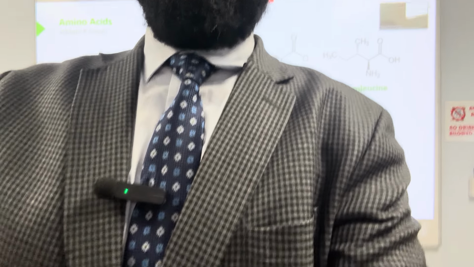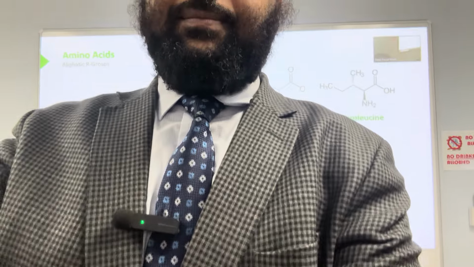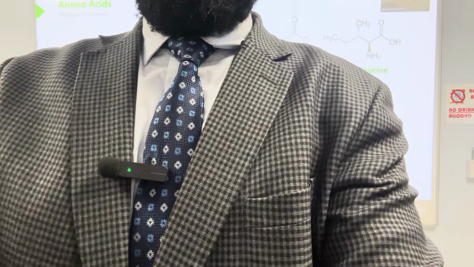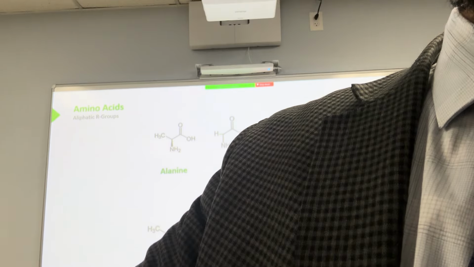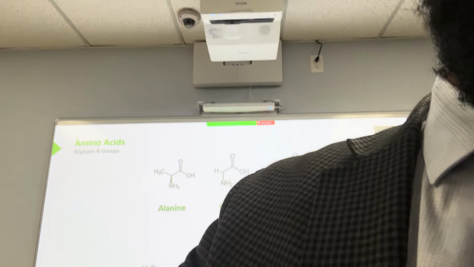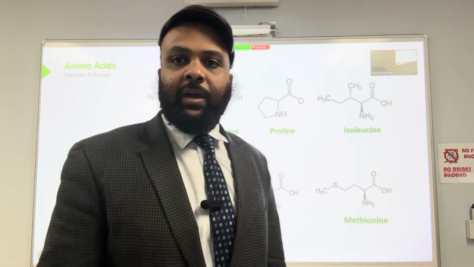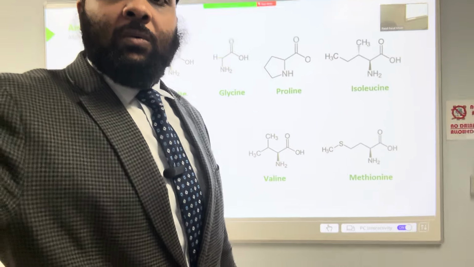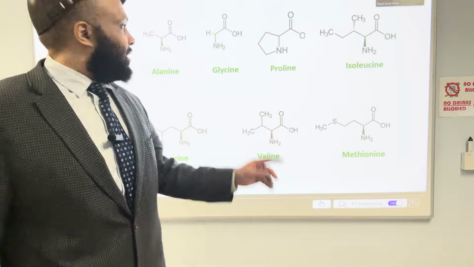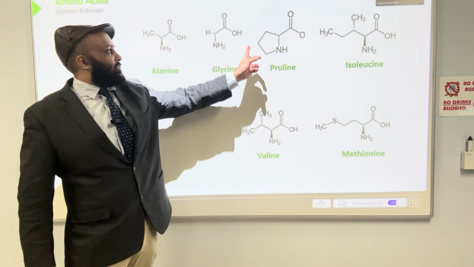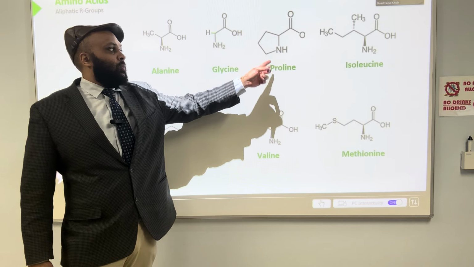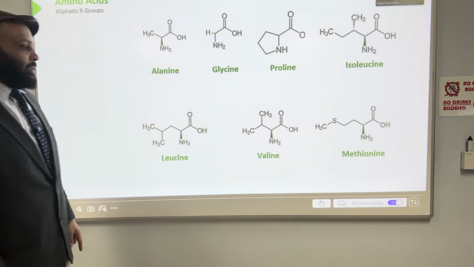Proline. Okay, so proline has an R group that is connected, making a ring with its amino group.